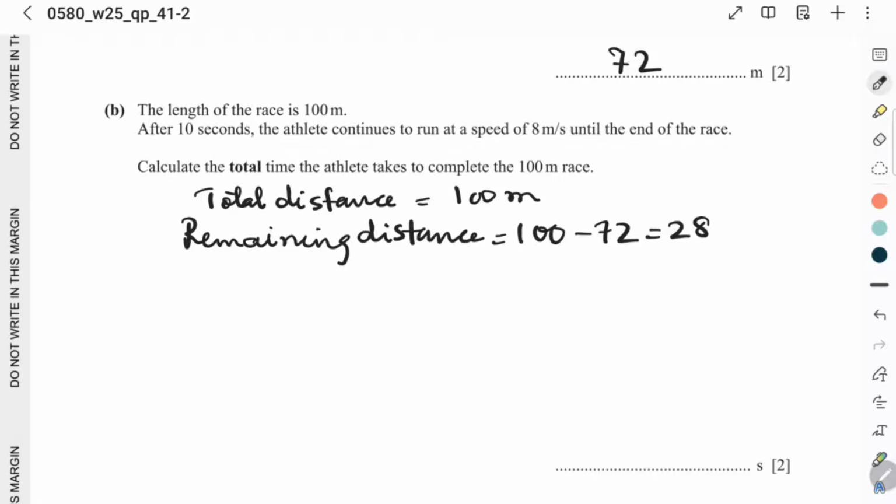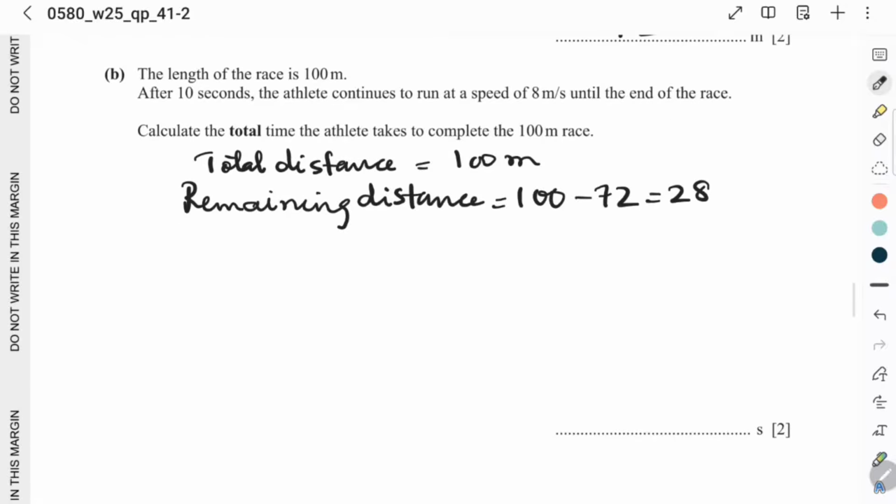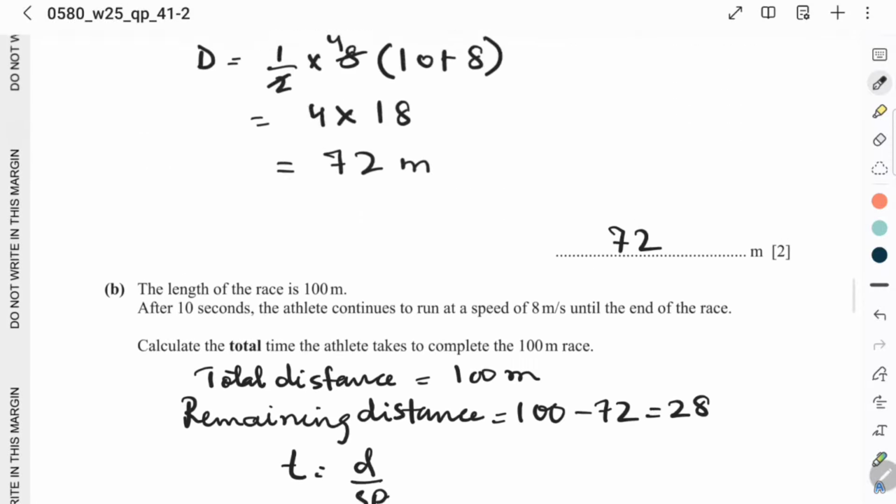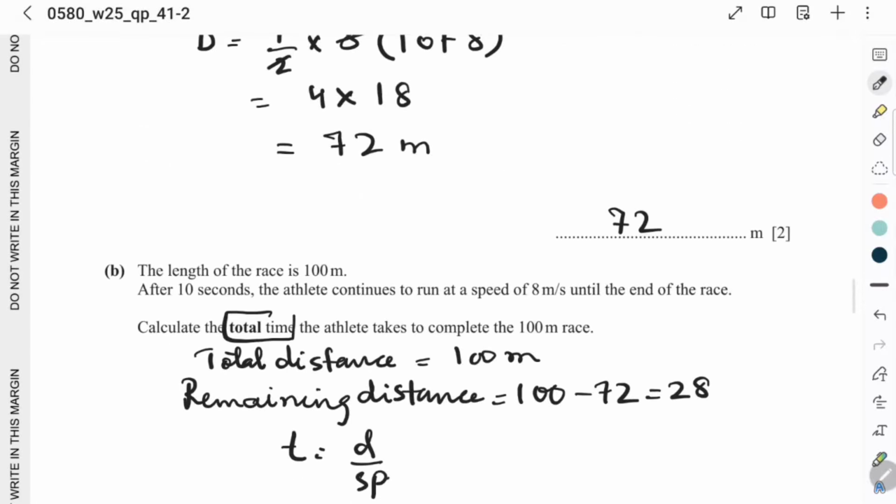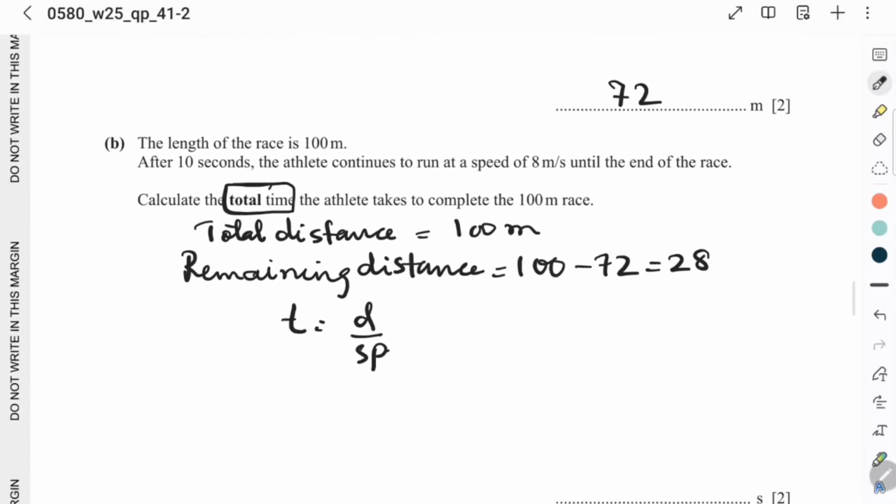We have to find the time for 28 meters. Time is distance upon speed. For the remaining time, we find it and then add those 10 seconds to get the total time, because the previous time was used for traveling 72 meters.